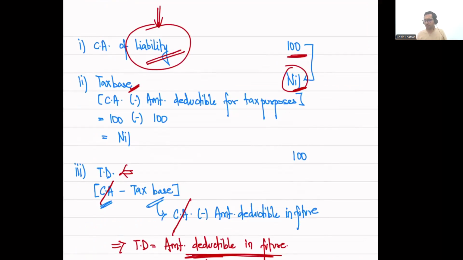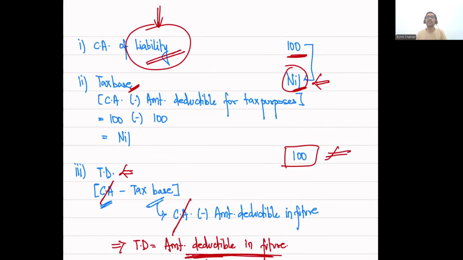Temporary difference represents the amount that I will get as a deduction in future. The carrying amount represents the outflow of cash that I'm going to have in future. Out of that outflow, how much is already allowed as a deduction is represented by tax base.